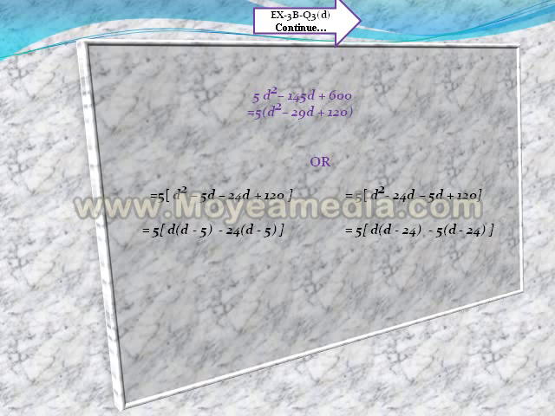Yes, 24 is present in the minus 24d term, and 24 is also present in 120, because if you divide 120 by 24, it is exactly divisible, so we get 5. So minus 24 is common. I took minus common outside, so the sign between the third and fourth terms, which is plus, becomes minus. So what remains inside is d minus 5. On the right side, same way, in the first two terms d is common.